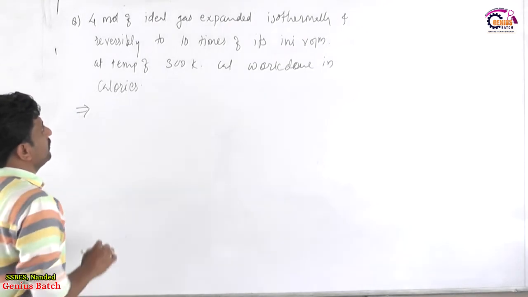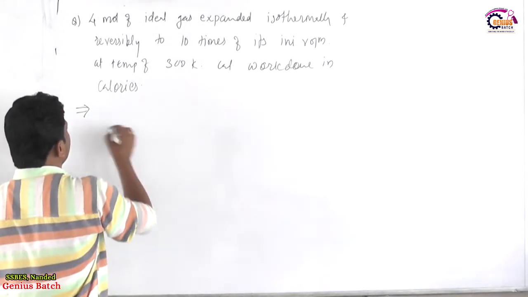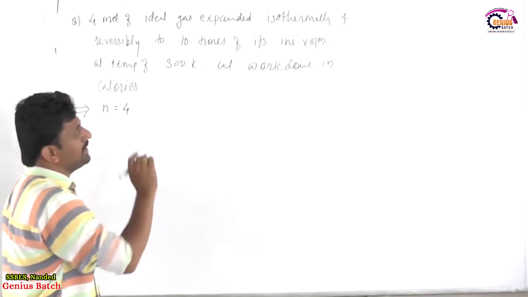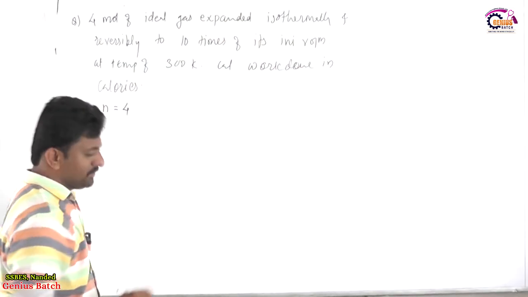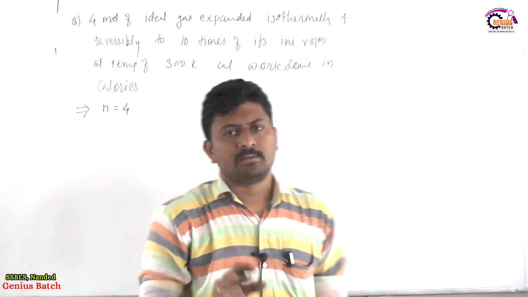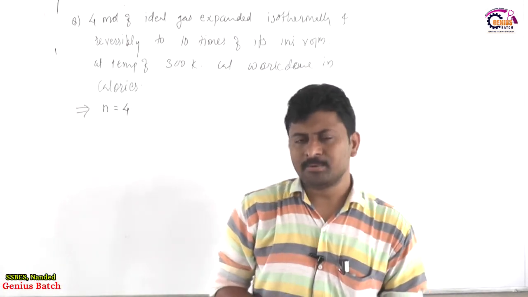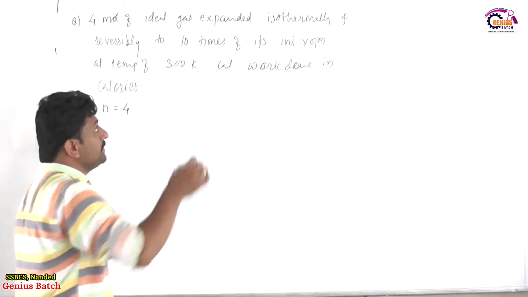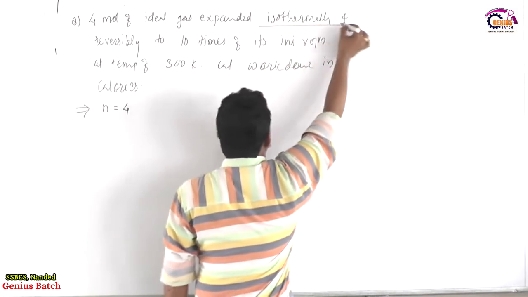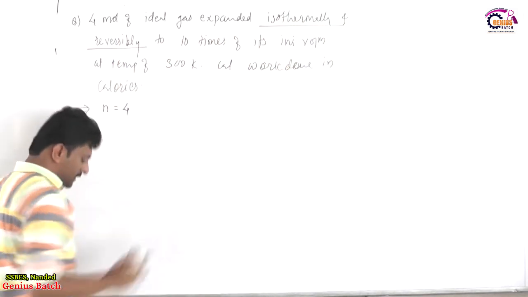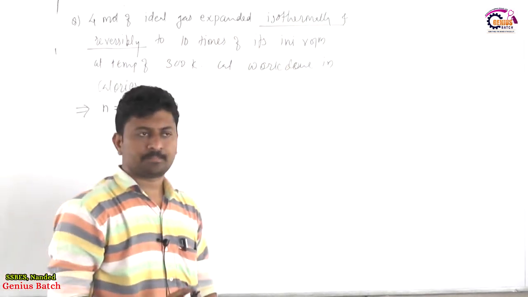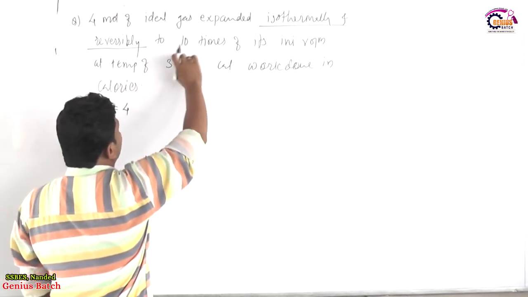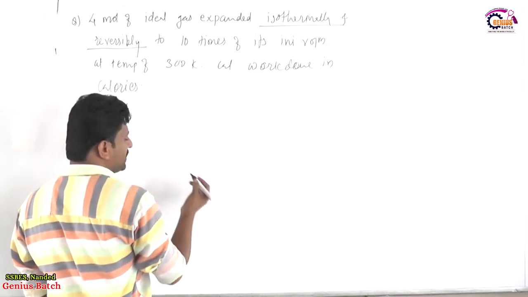Now first we would write what the provided values are. 4 moles of ideal gas are there, so n is equal to 4. Expanded isothermally and reversibly. This means the work done is of W max type. We have to use W max equal to minus 2.303. This is mentioned to decide what type of process and which equation should be used. Next, to 10 times of initial volume is the expansion.